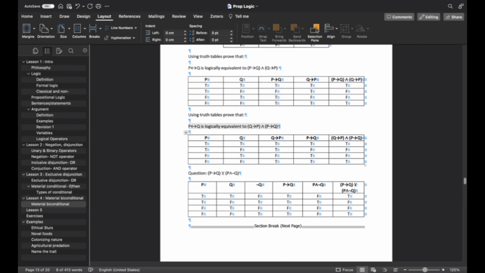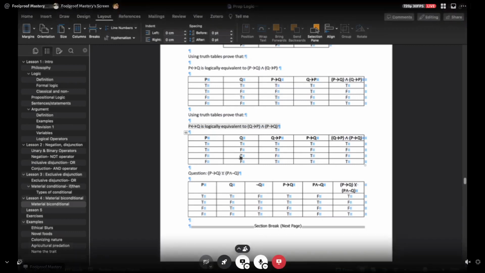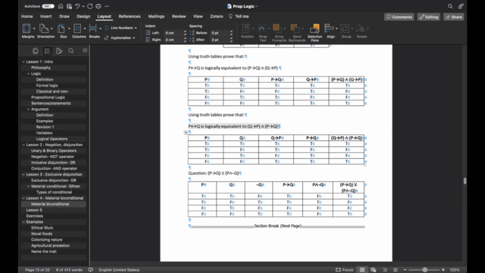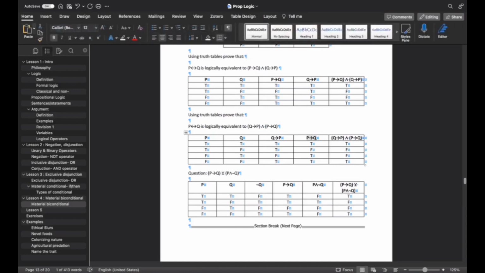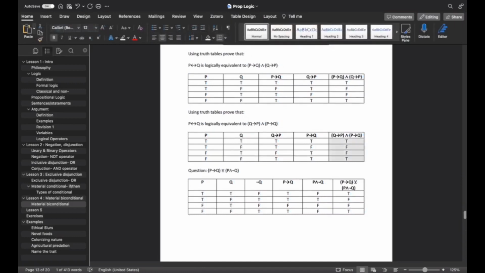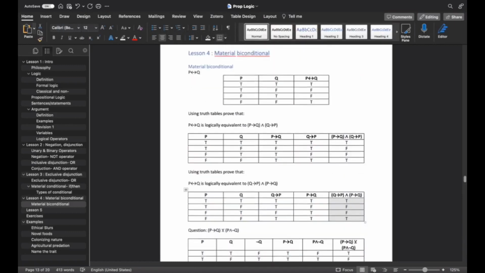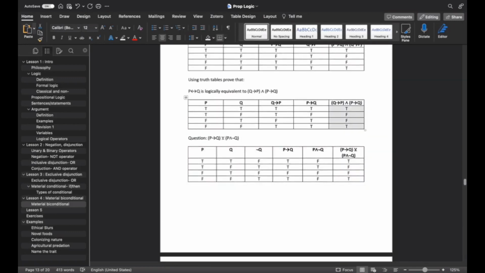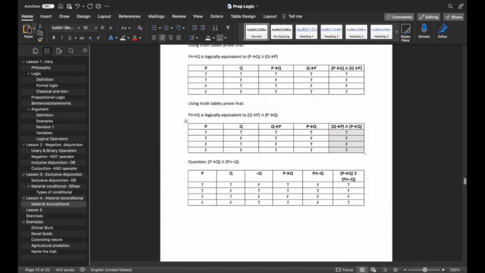For Q implies P, we have TTFT, and for P implies Q, we have TFTT. And we get the same as for the material biconditional. Are you happy with that? Yeah, that's fine.